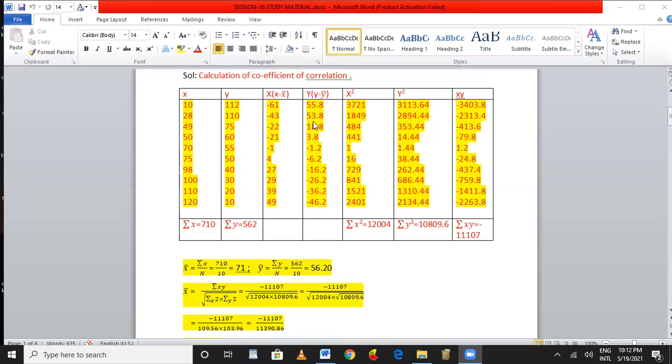Then the Y series deviations have to be calculated, denoted by y, that is Y minus Y bar.